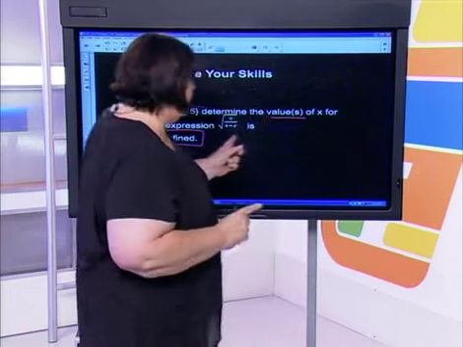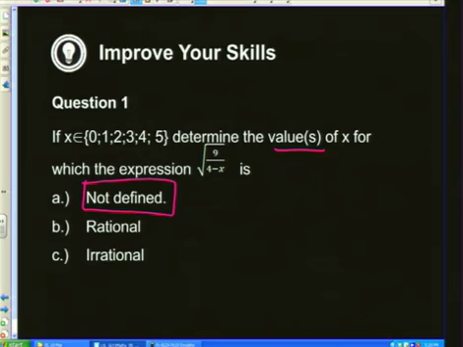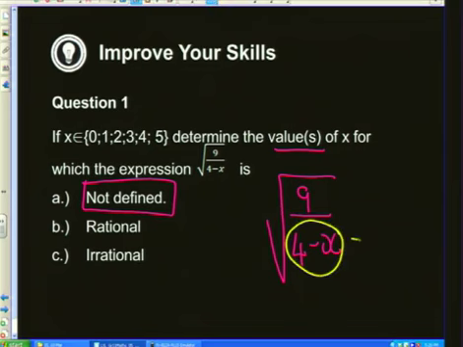Okay, so if we go over there, and I look at this expression I've got, let's make it nice and big. It's 9 over 4 minus x. The only way I'm going to get not defined is for my denominator, which is this guy here, to equal 0. Now, if 4 minus x must equal 0, you agree with me, it doesn't matter about the numerator.